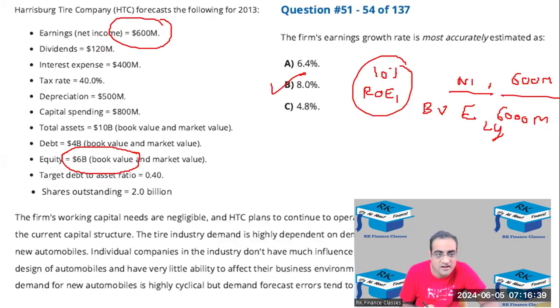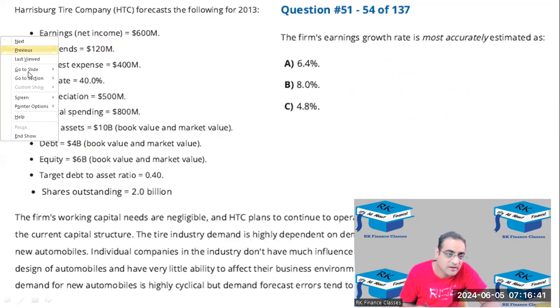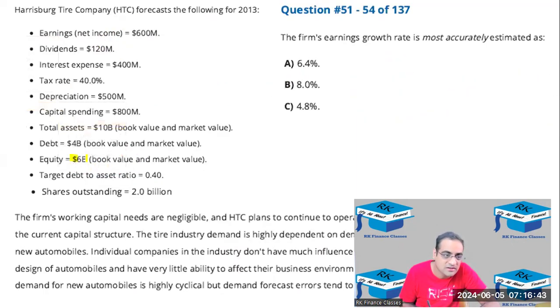Technically, if I assume this is the last year's book value, this is the net income and this is the dividend, then we can calculate what the future book value could be, but not the earnings.